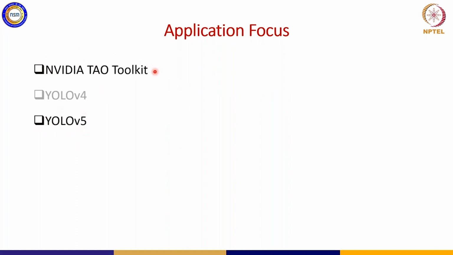Now with NVIDIA TAO Toolkit, we want to cover image classification. So with YOLOv5, for computer vision and object detection, we might not be able to use the camera directly because I'm using SSH. Let's see how it goes, but we'll find a way around that.